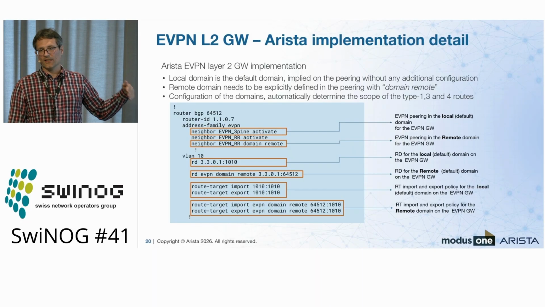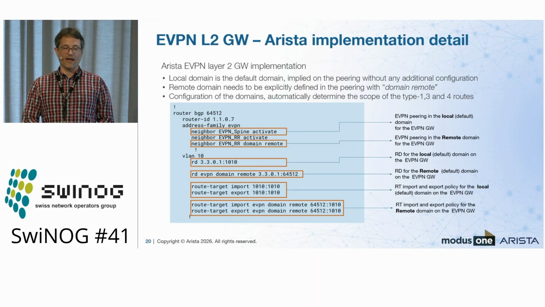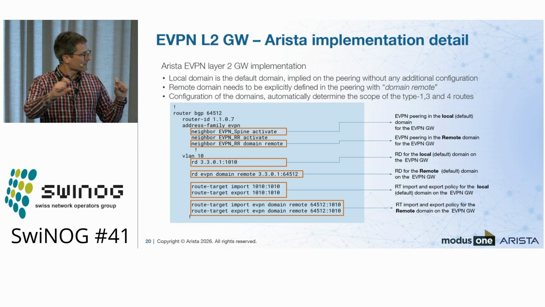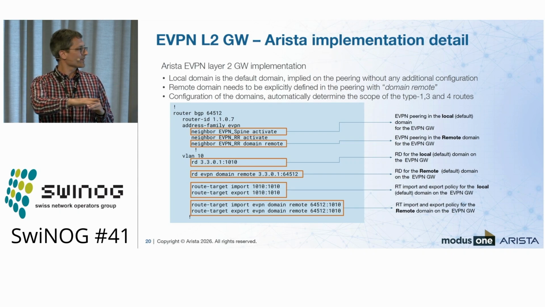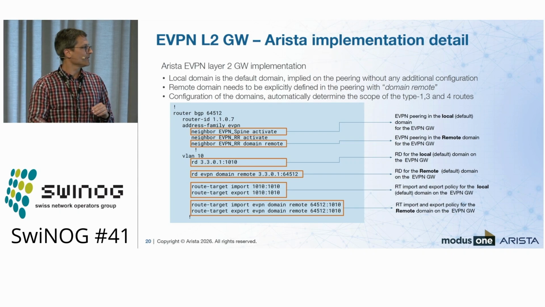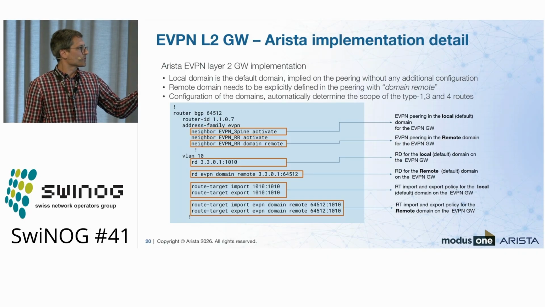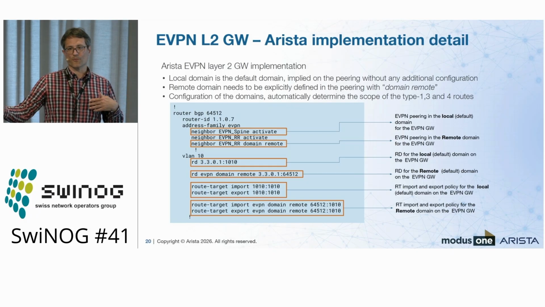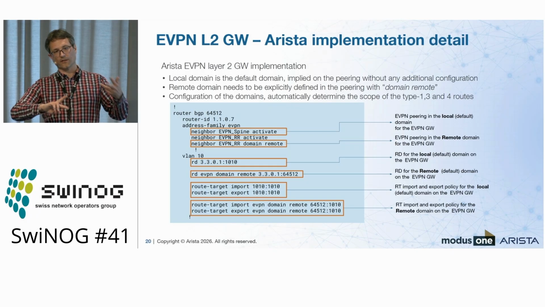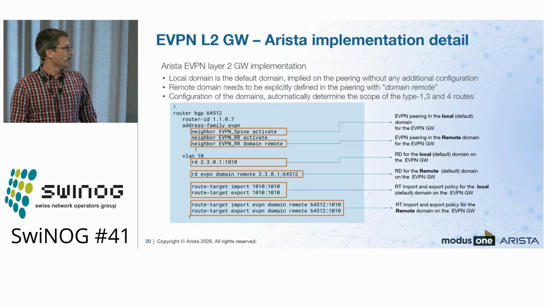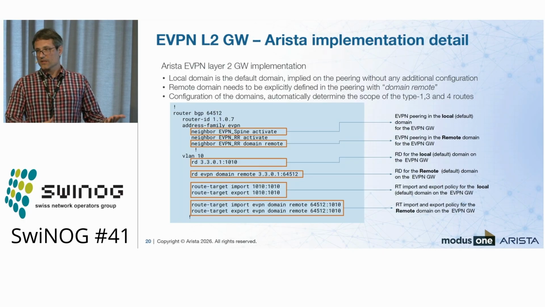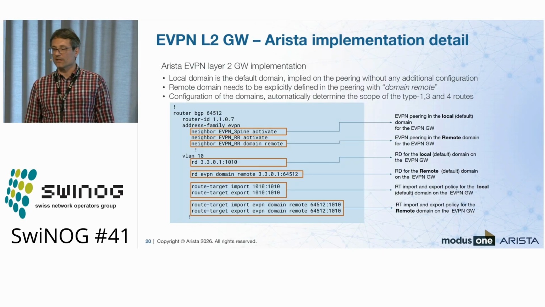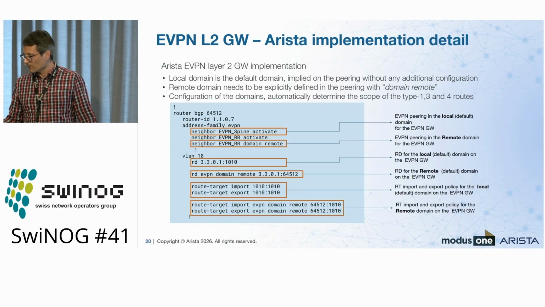Again, for RD and also for the route target, I have the option to specifically mark it with the remote domain. And I can either choose to use the same sets of route targets for remote and local, or I can also use a different set of route targets and have all the flexibility with that, if I would choose to do so.